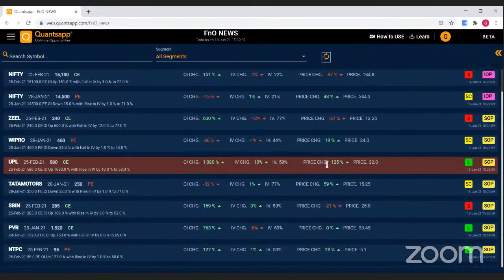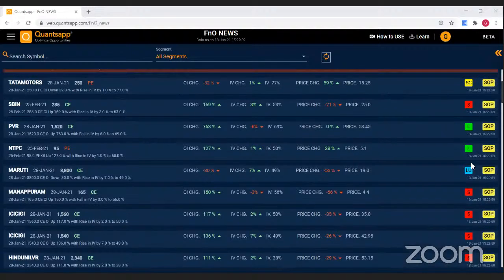So I will roughly take some terms which are here. We have discussed the build-up, that is short. So you can say if there's an OI increase and the price declines, you can see the short. And if there's a short covering, OI has declined and price has increased, then there's a long.